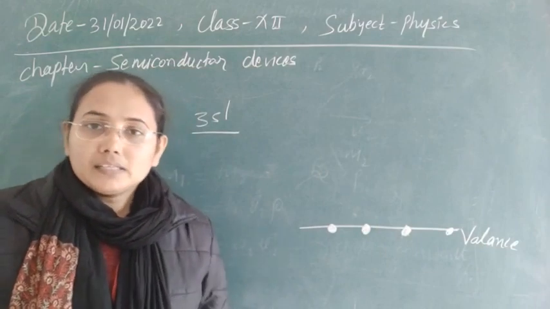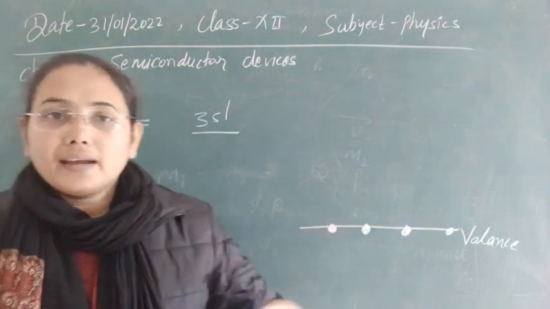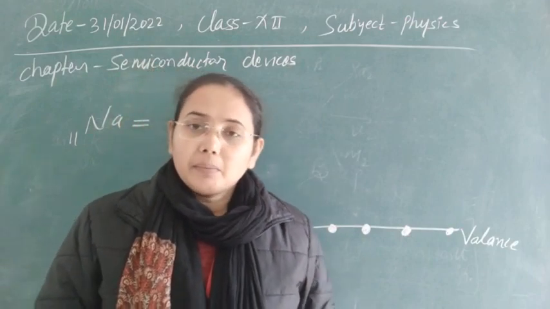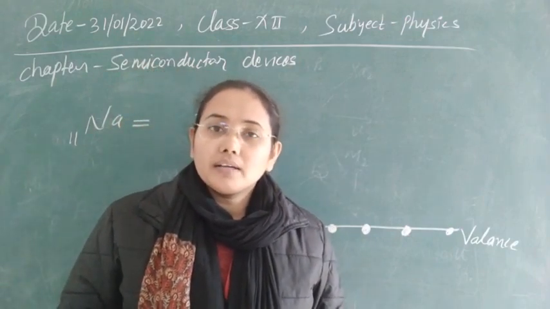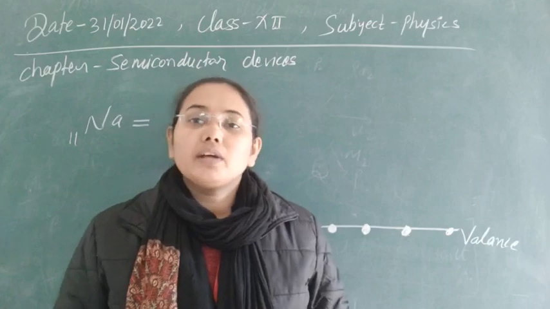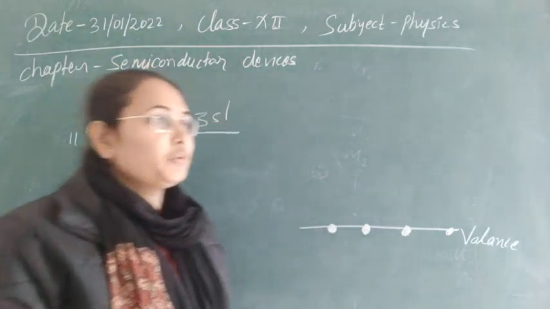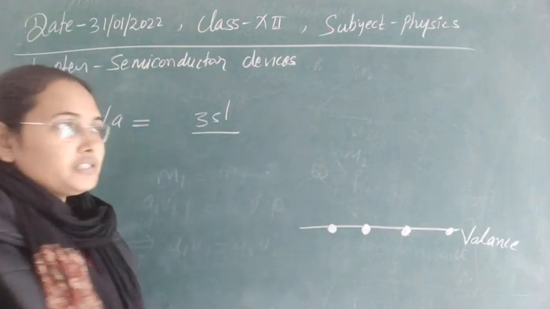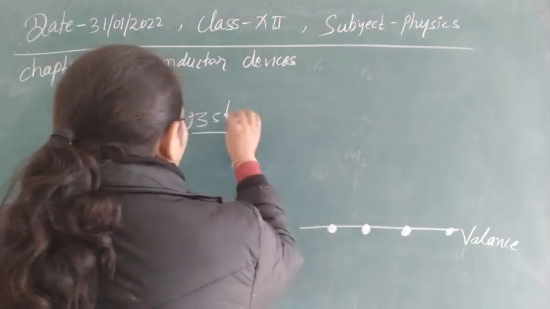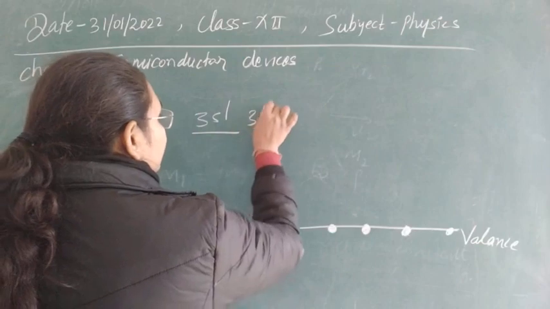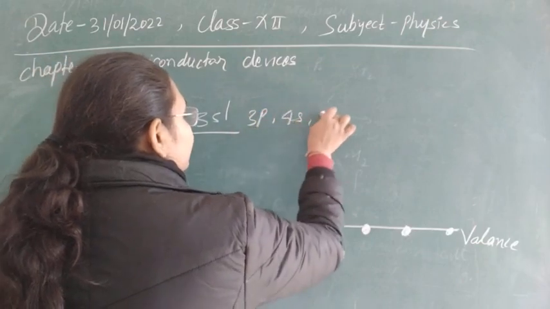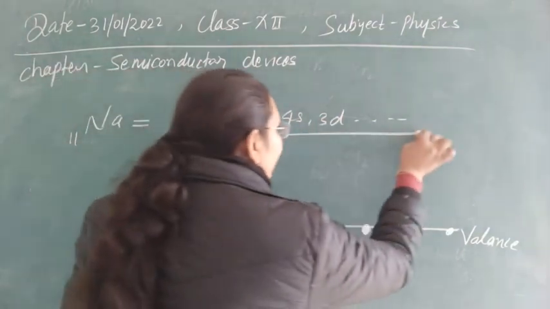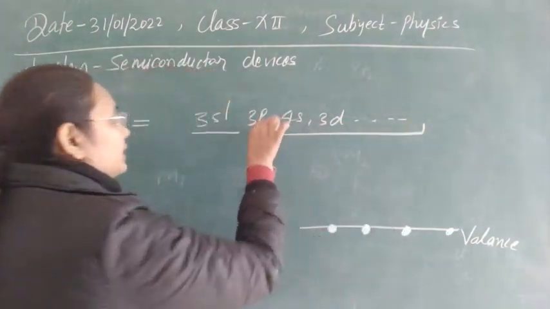Next, if this valence electron gets energy from outside, from any source like thermal agitation, or if we supply electrical energy or any kind of energy to it, and the electron gets sufficient energy, it can make a transition from the 3s state to the 3p, 4s, 3d and other excited states, because these states are empty at normal conditions.